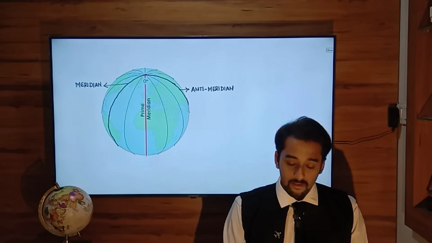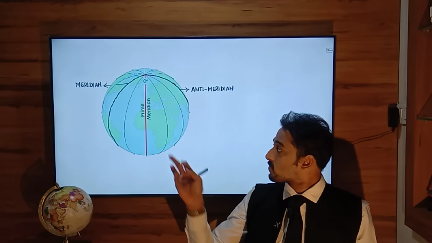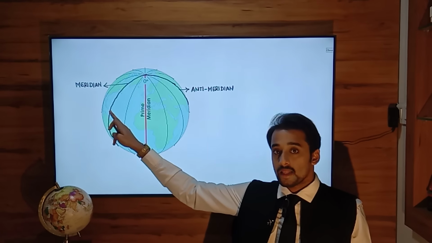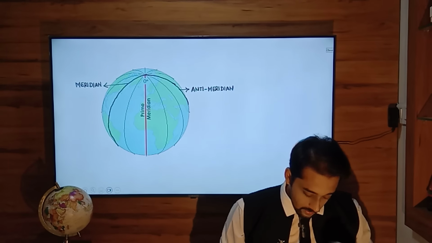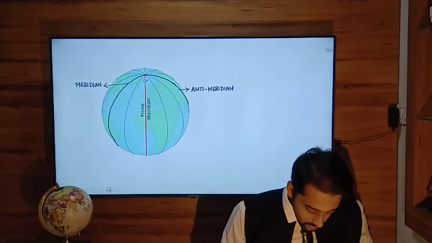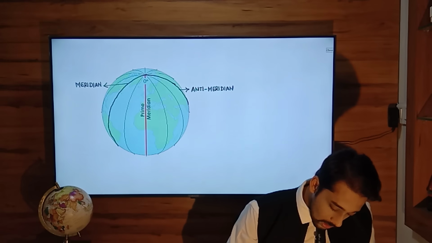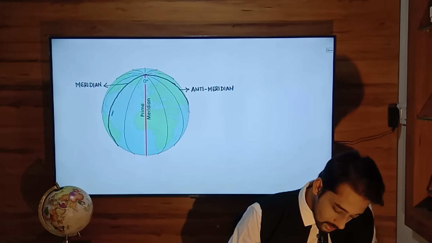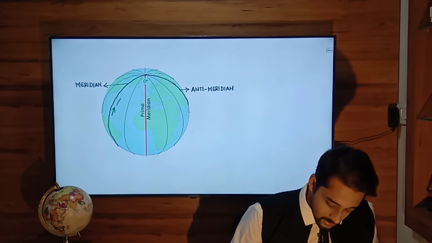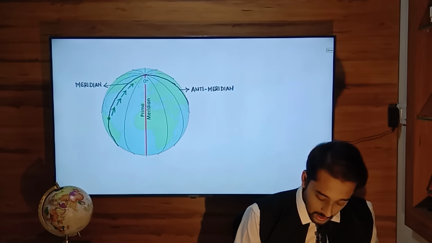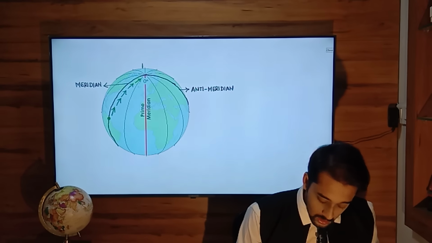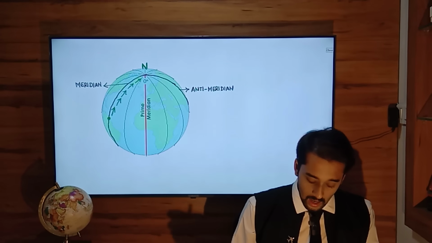Now when your aeroplane travels along this meridian in the northerly direction, it starts from here and goes up to the North Pole.